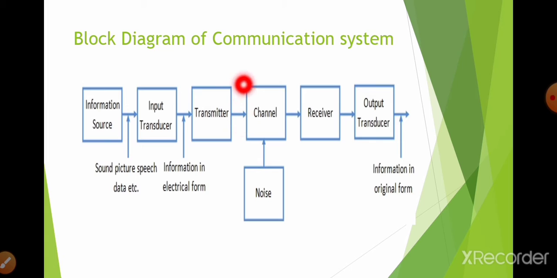The transmitter transmits that information in free space with the help of an antenna. Through the free space, it travels and arrives at person B's mobile. Person B's mobile receives that information, filters out the noise and converts that electrical form into sound, and hence the person is able to listen to it. So this is the block diagram of communication system.